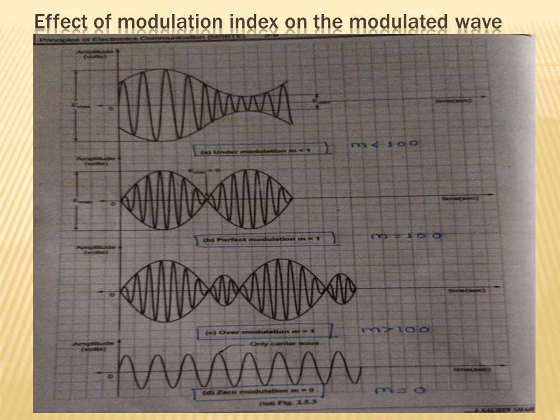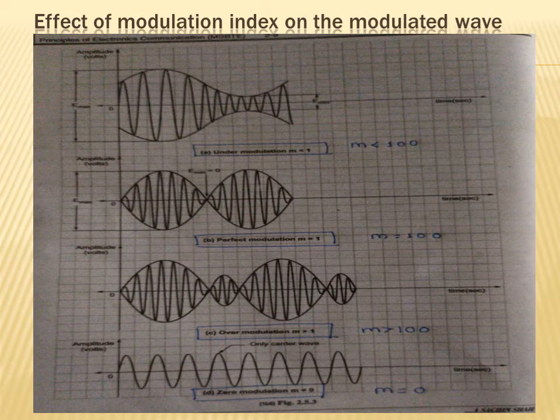In this case the envelope of AM is not exactly the same as the modulating signal. Distortion takes place, and this effect is called a fully modulated signal.